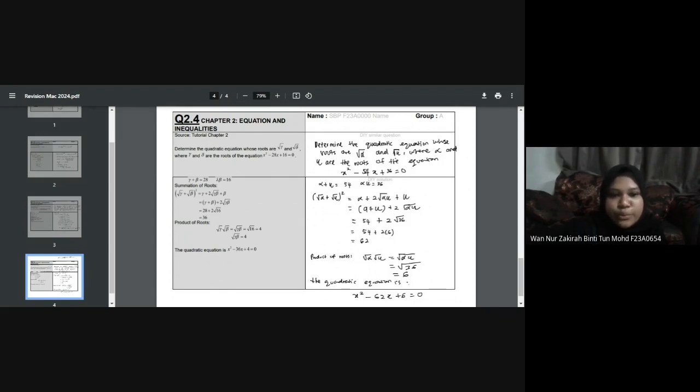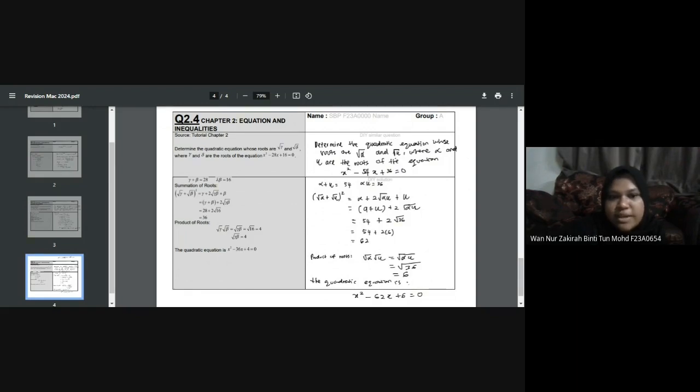For question number 4, the question is: determine the quadratic equation whose roots are square root alpha and square root mu, where alpha and mu are the roots of the equation x squared minus 54x plus 36 equals 0. So first step is we need to know the formula of a quadratic equation. The formula is x squared minus the sum of the roots x plus the product of the roots.